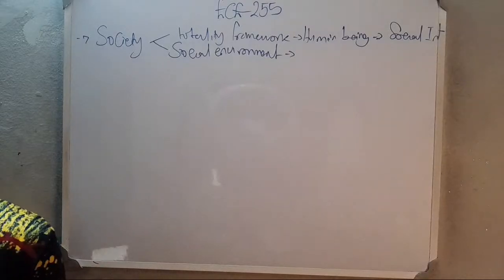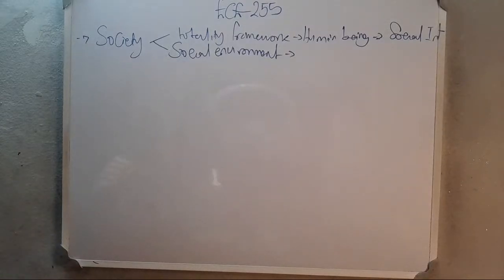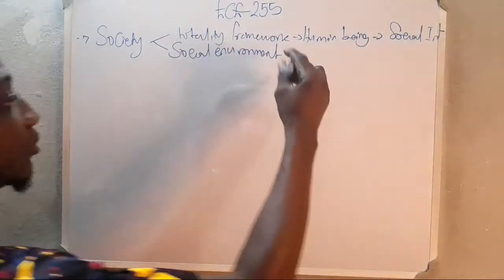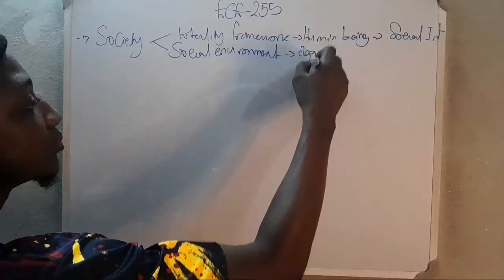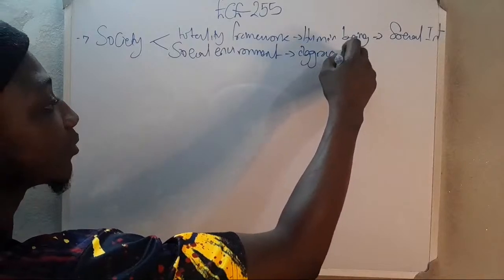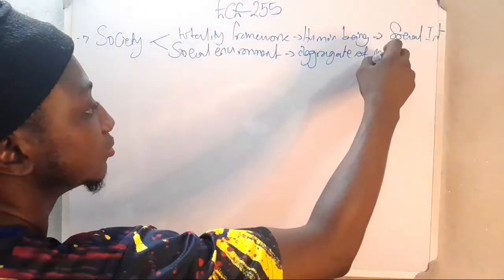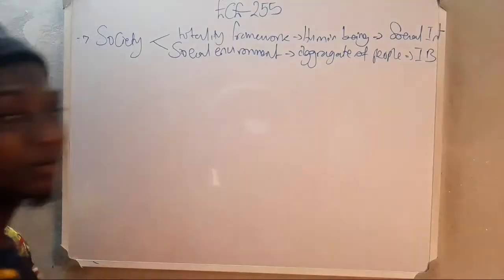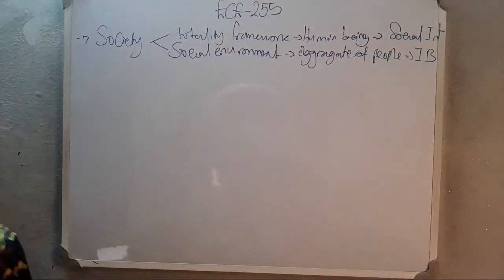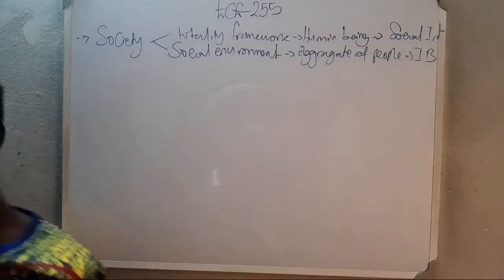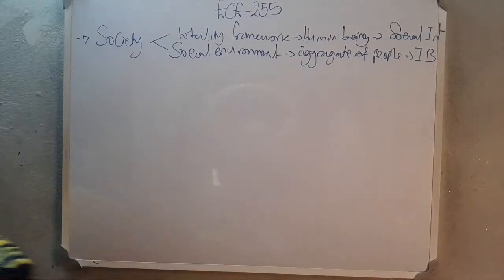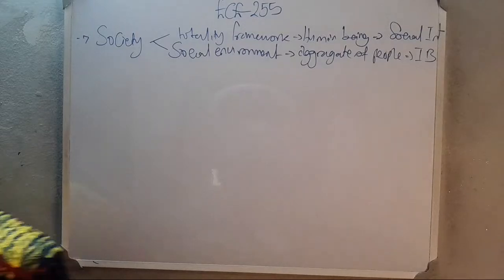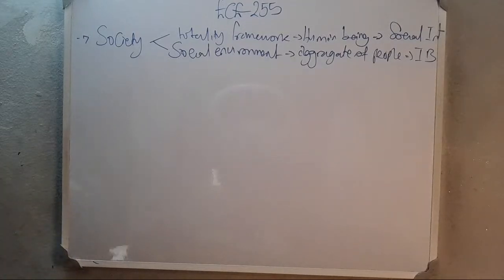Of people influencing behaviors. So just permit me to abbreviate so that we don't use so much space. Now let's continue. Society can be seen as both micro and macro.